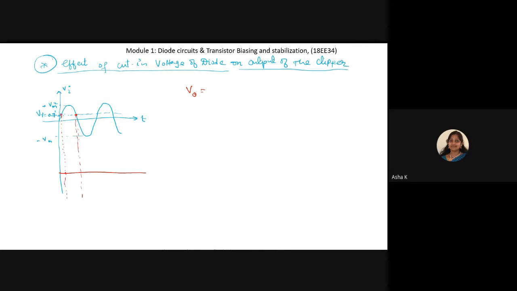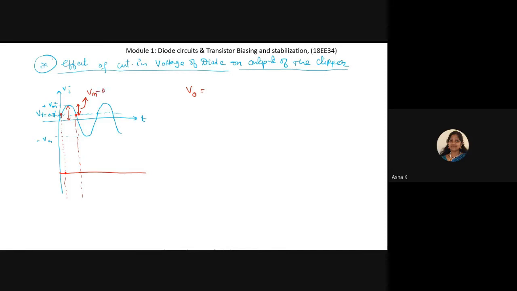Whatever the voltage here, how much is it? 0. Like here, 0.7 minus the applied voltage, I'm going to get the starting point. So only this much portion of the input sinusoidal wave I am going to get. How much is this portion? This portion of the input sinusoidal wave is nothing but the peak voltage Vm minus the knee voltage.